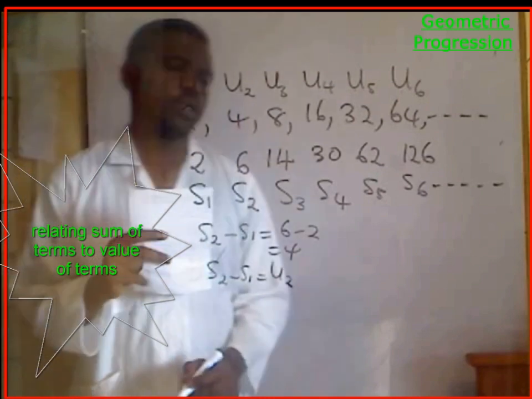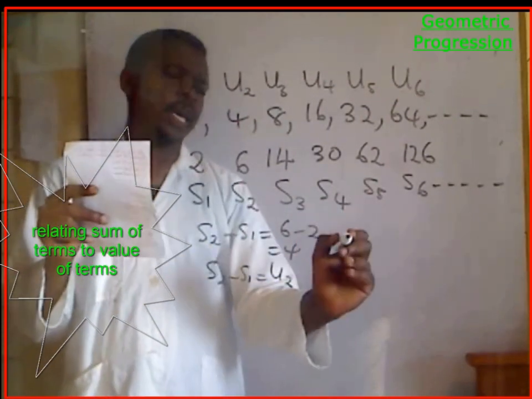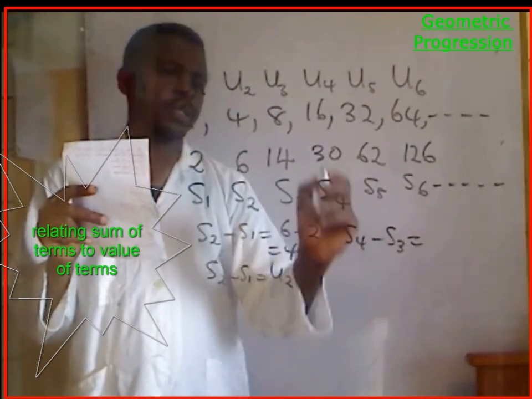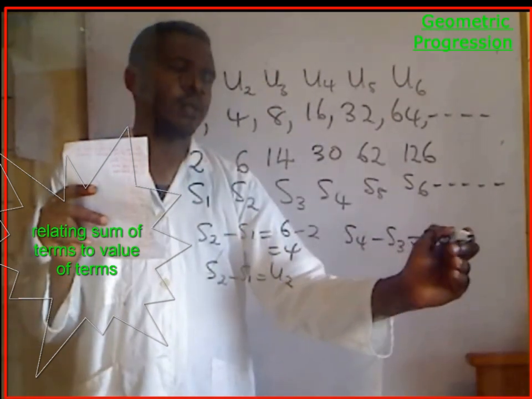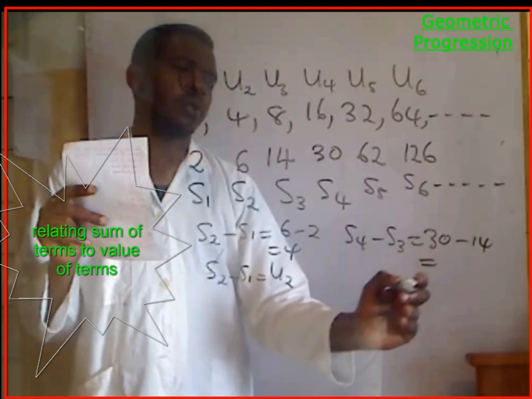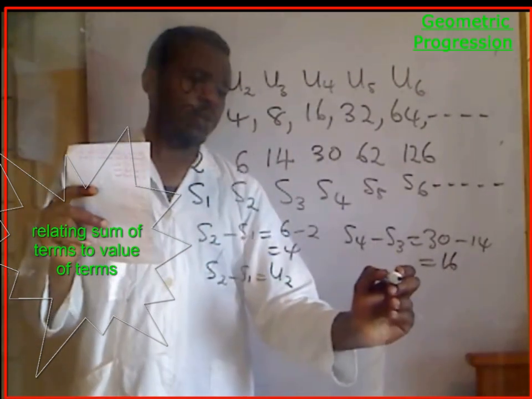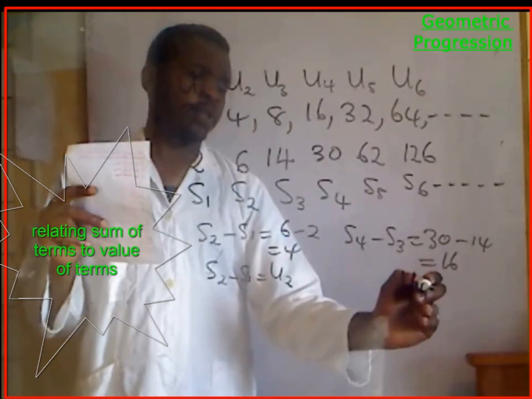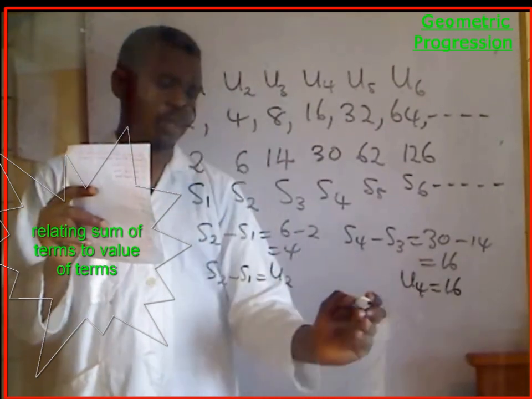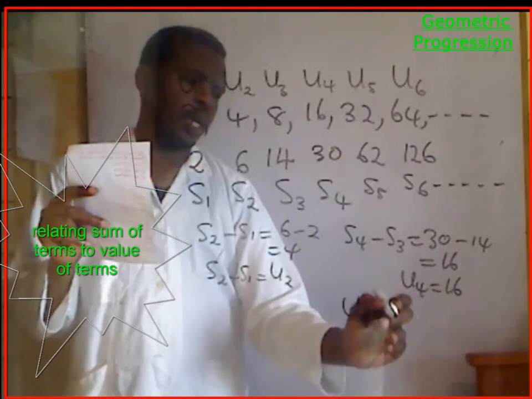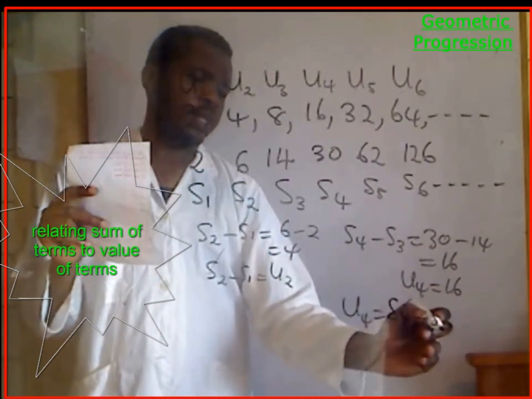Let's take another one and try. If I use S4 minus S3, this is 30 minus 14, which is equal to 16. And this 16 is U4. So U4 is equal to 16. What does that tell us? It means that U4 is equal to S4 minus S3.